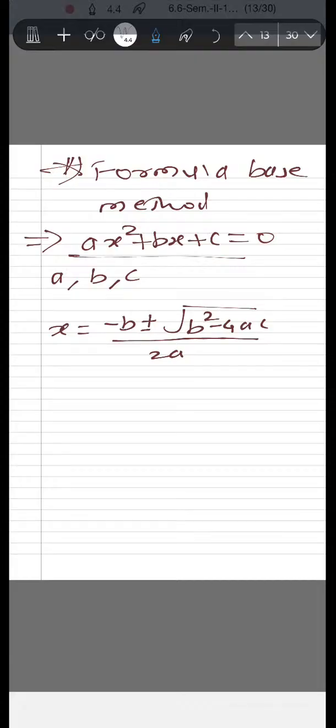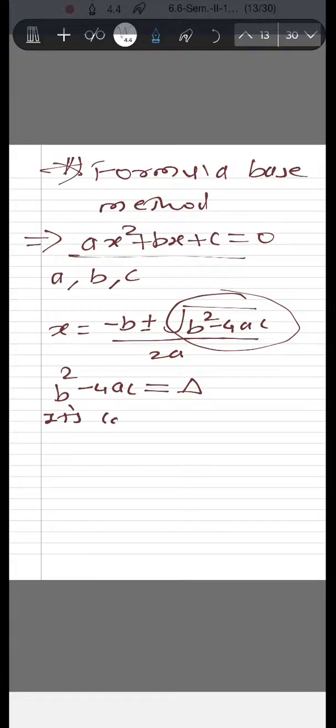See students, now here that term we have to understand, b square minus 4ac. It is denoted by that small triangle, and it's called the discriminant.